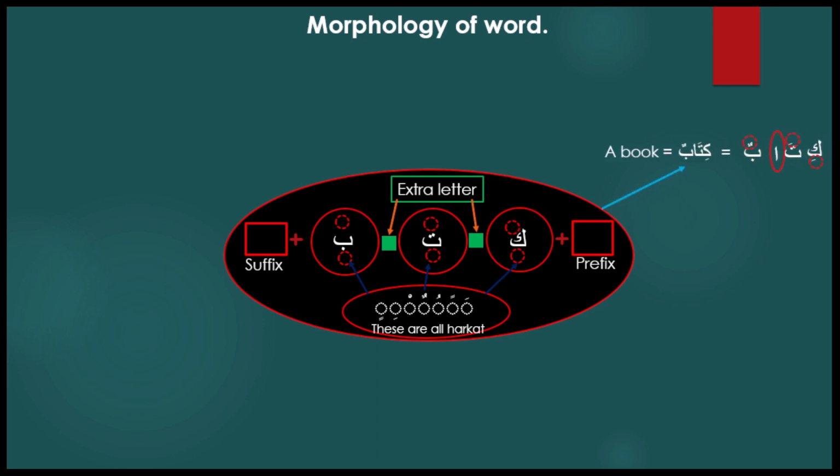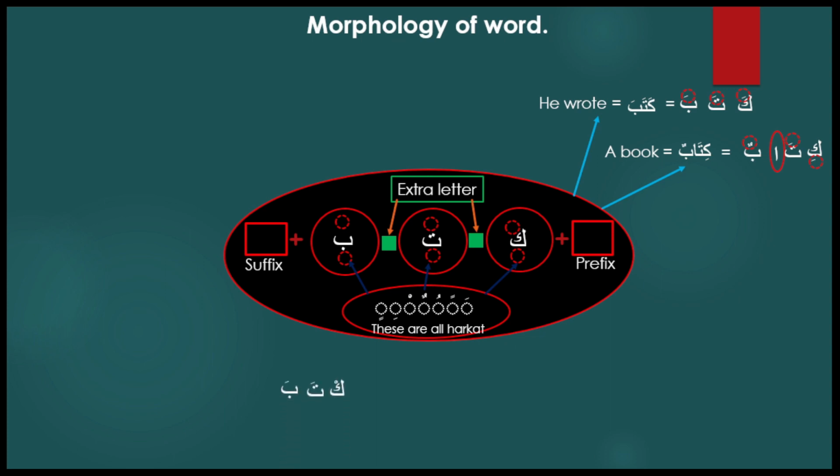For example, kitabun. Here the alif has been inserted in between the second and third letter. Kitabun means a book. Kataba, this is all fatha, fatha, fatha. This is the base word, the first word of this root letter. Kataba means he wrote.